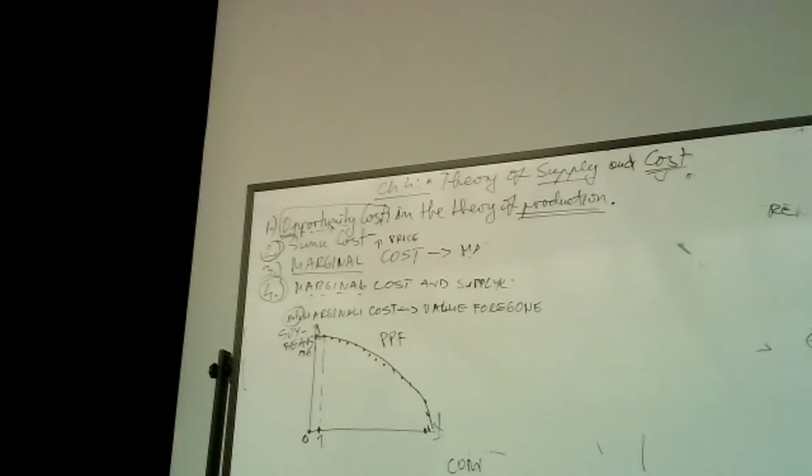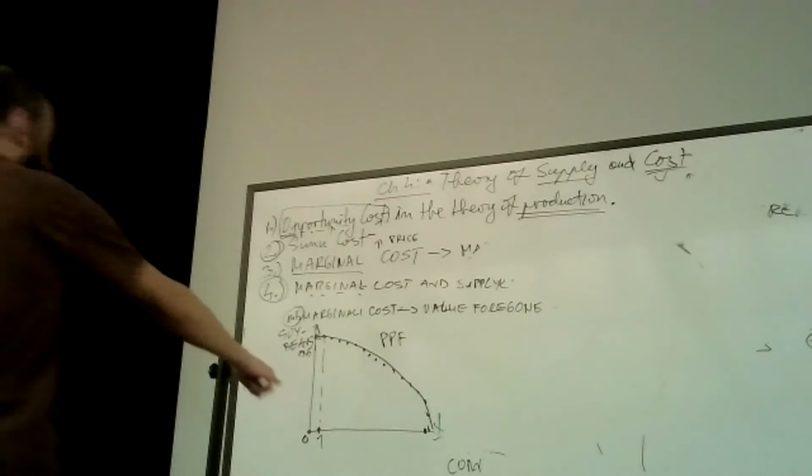So what is the precise measure of marginal cost in this particular case? It's not just the quantity of soybeans that you expect to sacrifice, but money. Think about money. It's a marginal revenue loss, which means how much money you are going to lose. So you need another piece of information here, that's the price of soybeans and corn.